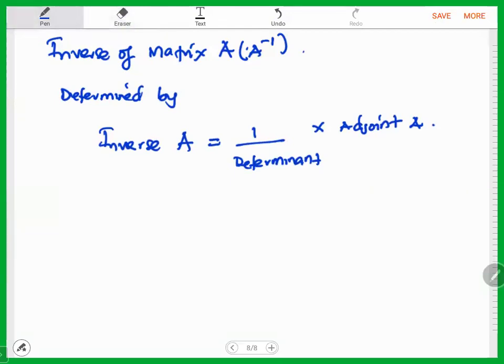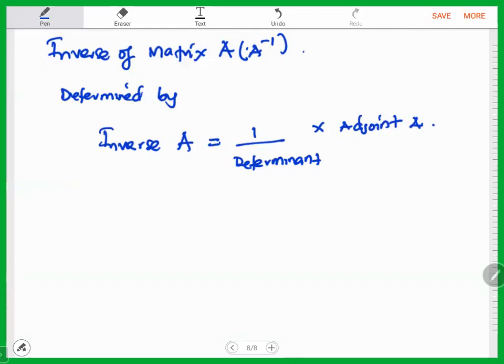So someone is asking a question. The inverse of matrix A is given by 1 over the determinant times the adjoint.